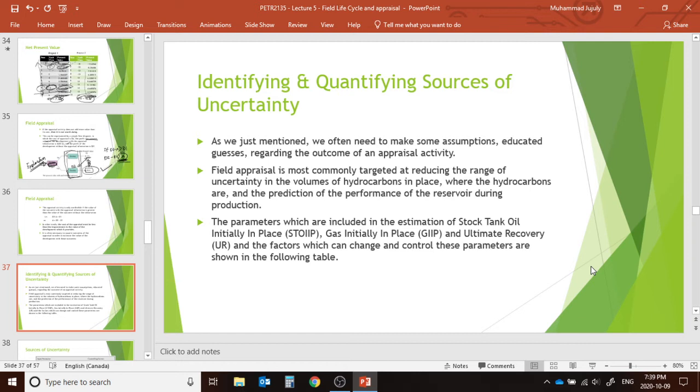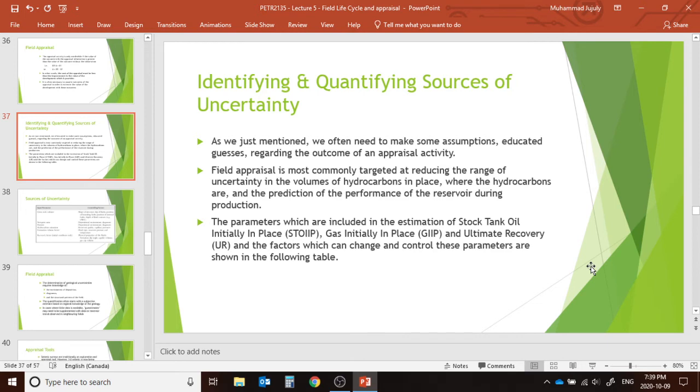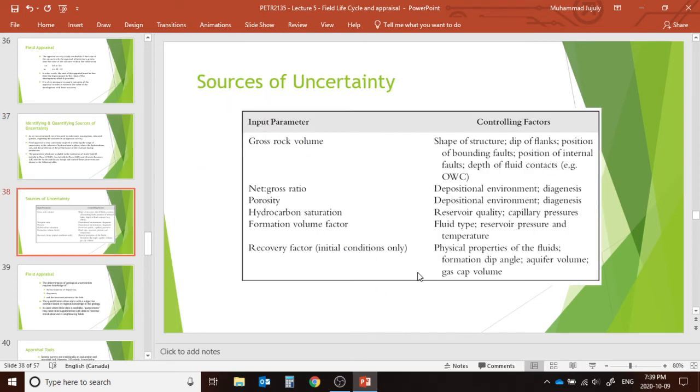So these are the ideas of how we can identify and quantify the sources of uncertainty, and what the sources of uncertainty are. For instance, what would be the source of uncertainty in a reservoir? For instance, the rock volume. We didn't estimate the rock volume beforehand in a good way, so we have a gray area there.